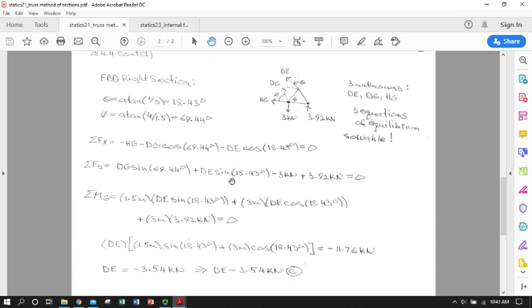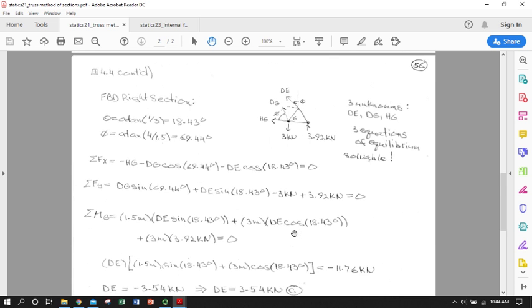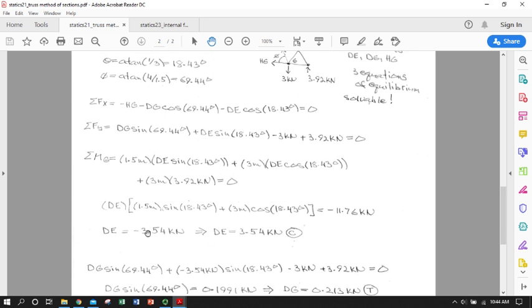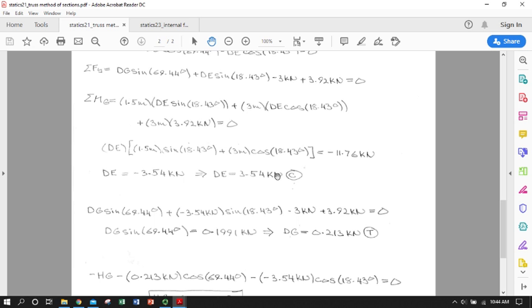We did that and had to use a little bit of geometry to get the moment due to DE about point G. It had a couple of components, but that's basically vector resolution and R cross F in one form or another, and was able to solve for DE. We found that it was in compression, so we got a negative sign for the way it was drawn. It was drawn as if it were in tension. It was negative, so we found that it was in fact in compression.